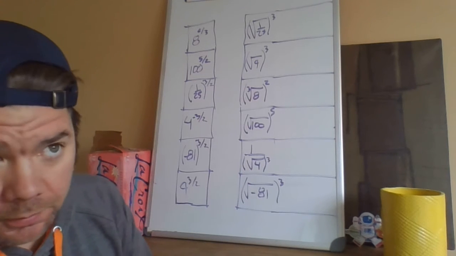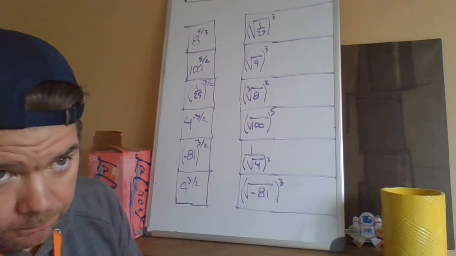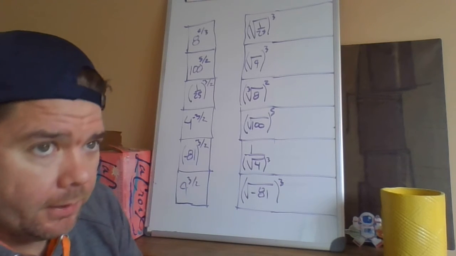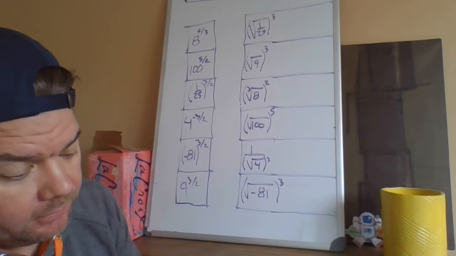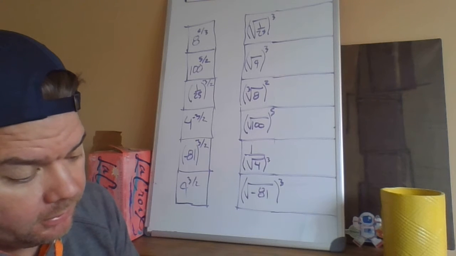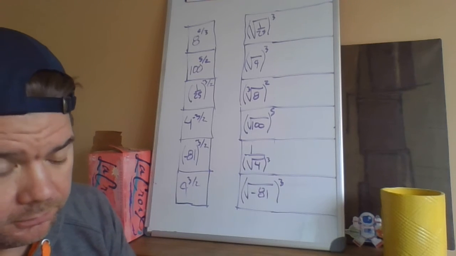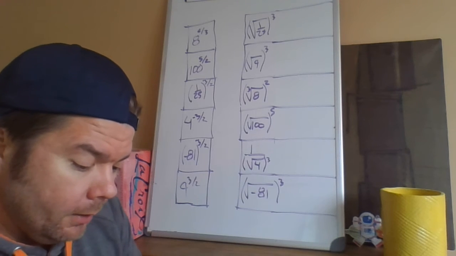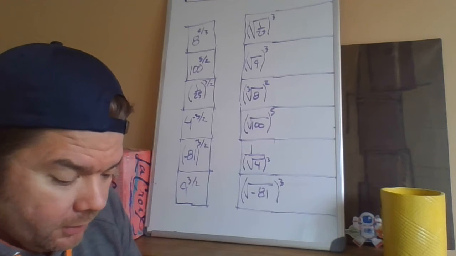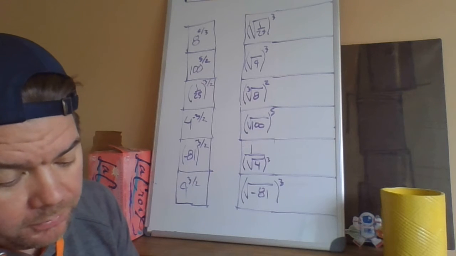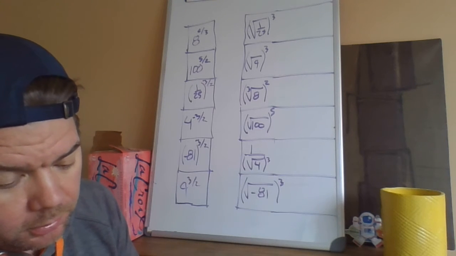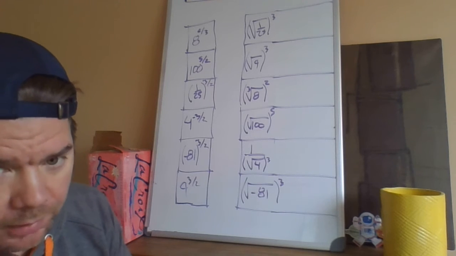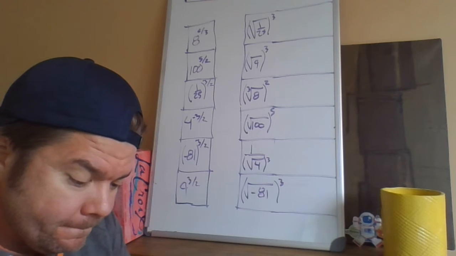Now the order doesn't matter. You can take the root first and then raise it to the power, or you can do the power first and then find the root. So you could take the same 16 to the 3/4 equals 16 to the 1/4 to the third, since again 3 times 1/4 equals 3/4. So now, instead of taking the root first, I'm going to do 16 to the third power first. 16 to the third power is 4,096.